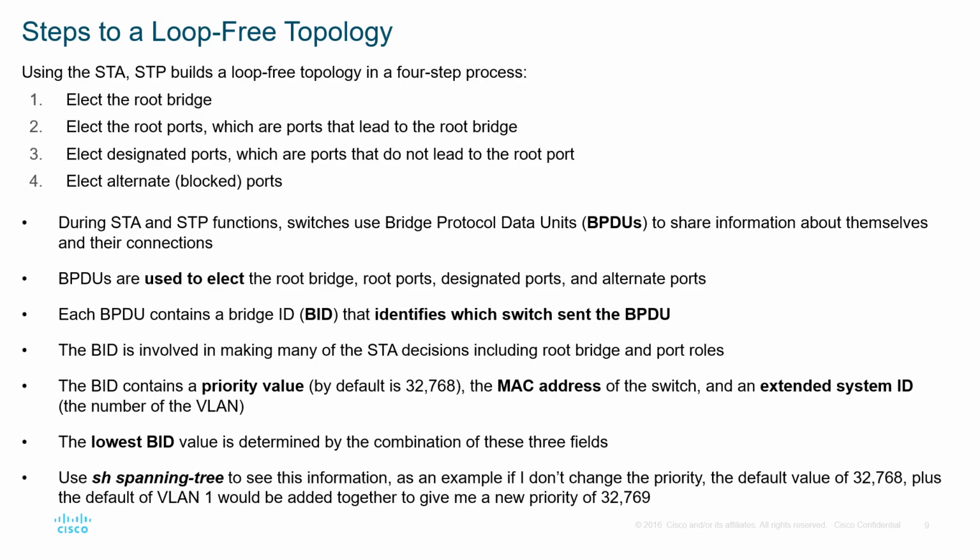I would use the show spanning-tree command to see this information. As an example, we can change the priority as admins, but if I do not change the priority, the default value of 32768 plus the default VLAN of 1 would be added together to give me a priority of 32769.